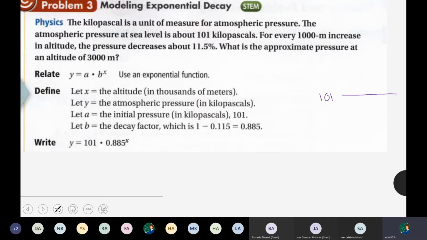For every 1,000 meter increase in altitude, if I go up, the pressure decreases about 11.5 percent. So, where's my percent rate here? It is 11.5. What is the word before it? It is decrease. So I'm talking about exponential decay.